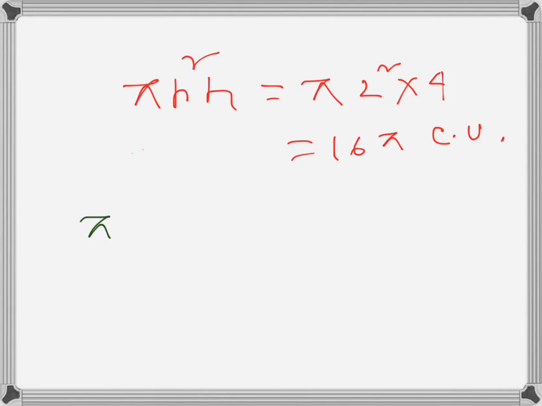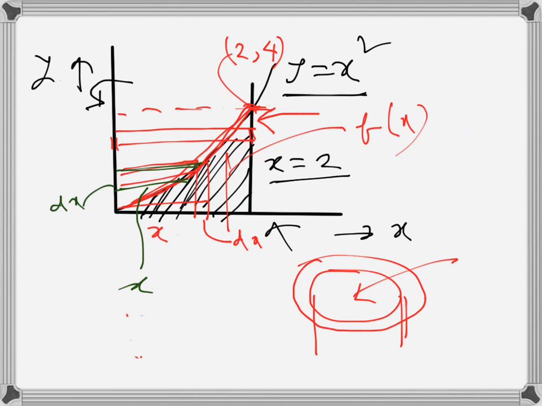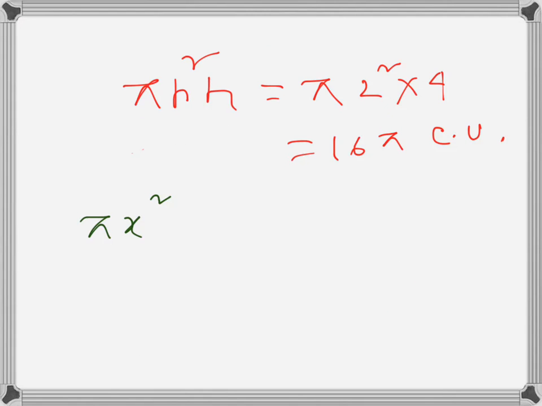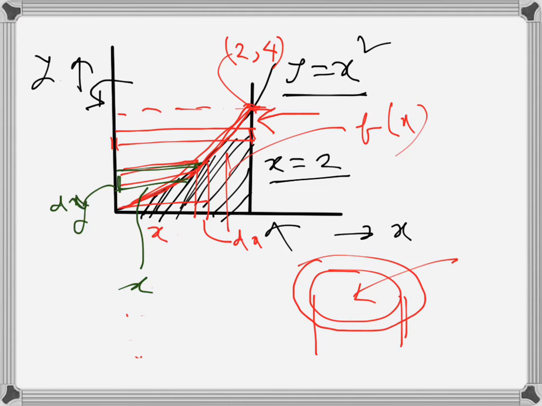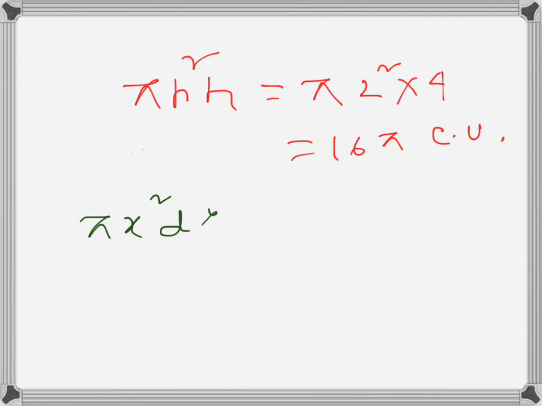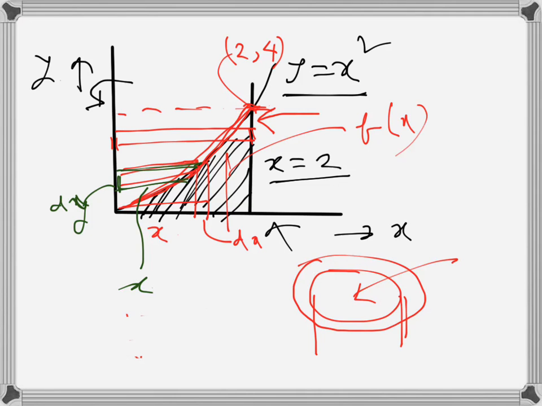Pi x squared will be the cross section of one circular disc, and each disc has a thickness of dy. Each section is a solid circular disc, so the volume of the disc is pi x squared times dy.